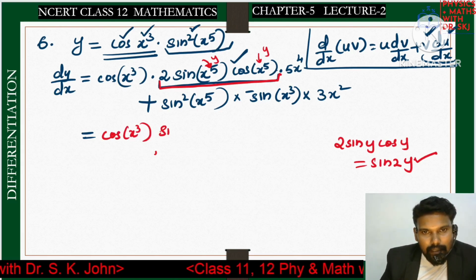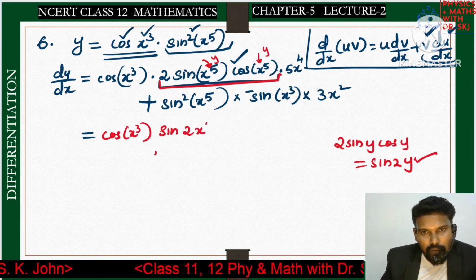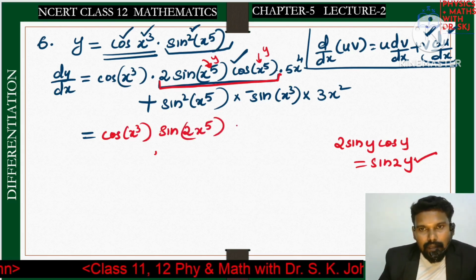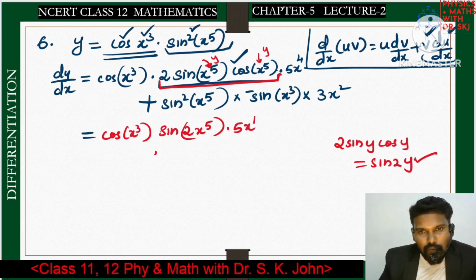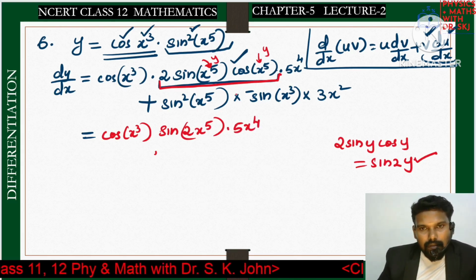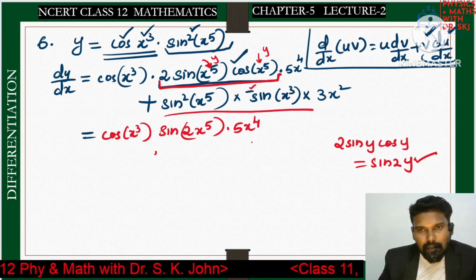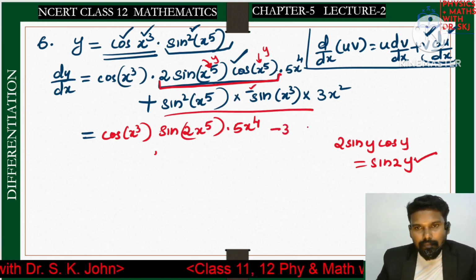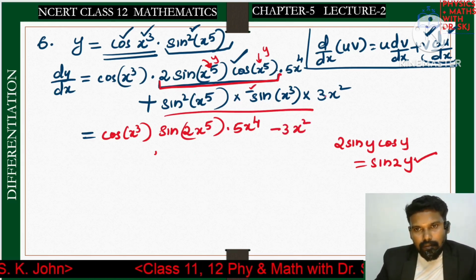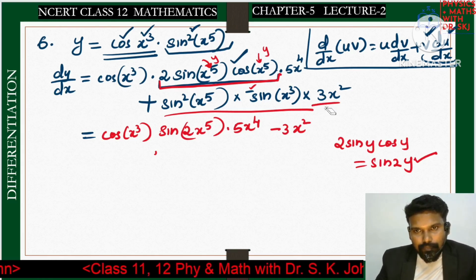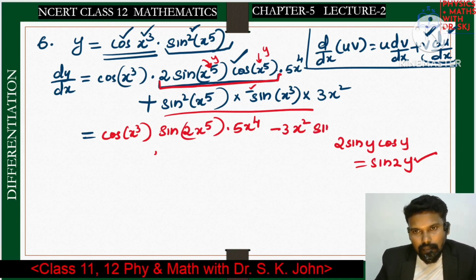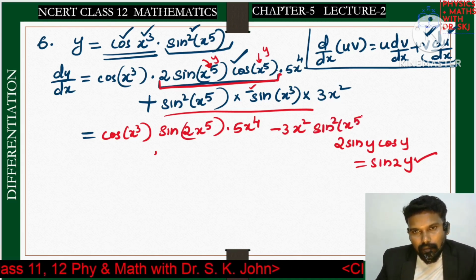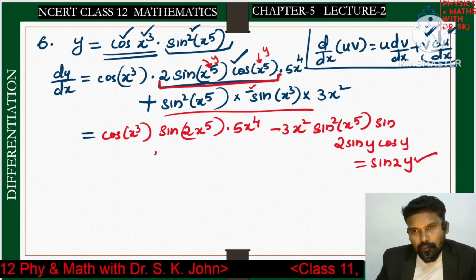Then we have sin 2x raised to 5. Then we have 5x raised to 4. In the second term there is a minus sign here, so minus 3x square times sin square x raised to 5 times sin x cube.